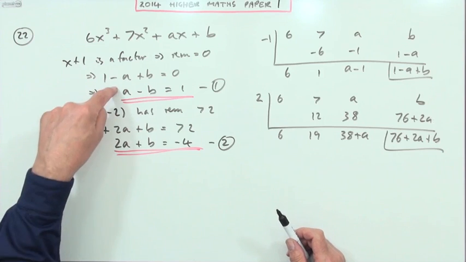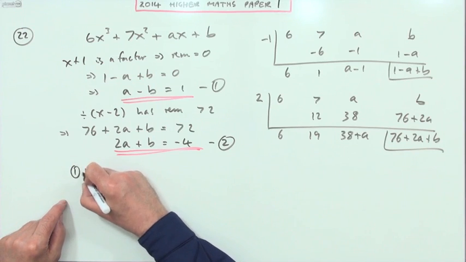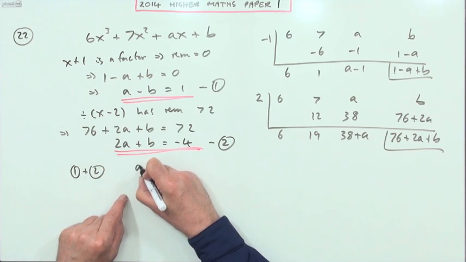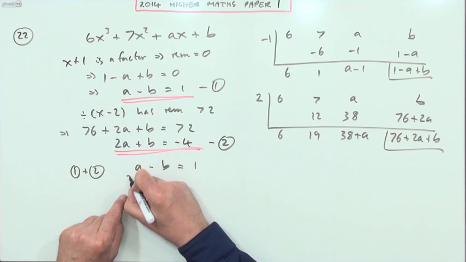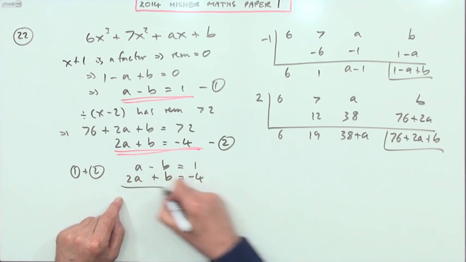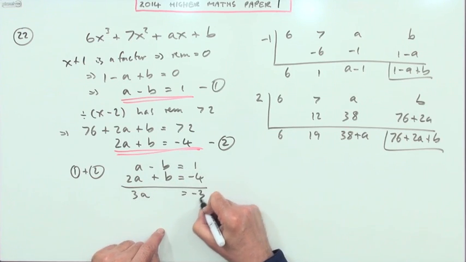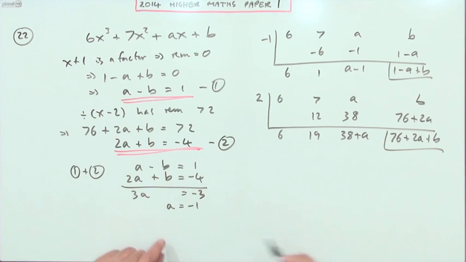Now they're fine just to add straight away and the B's will disappear. So if I do 1 plus 2, I'll have this. A minus B is 1. 2A plus B is negative 4. Adding them together, I've got 3A, they cancel, and that comes to negative 3. So A equals negative 1.